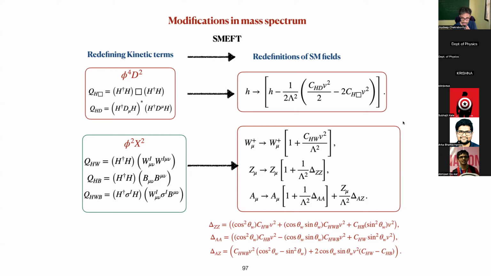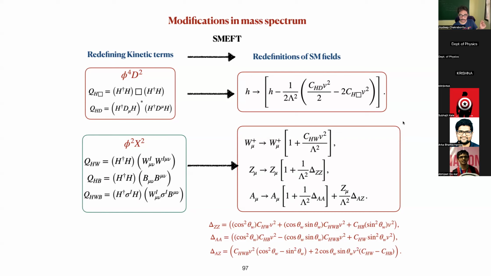Unlike the W plus minus, where you do not have any mixing because that's the only solitary case, here you have a matrix. Previously, the way you go from the B mu, W mu 3 basis, you have off-diagonal entries, you rotate them, you get the Weinberg angle and go to A mu, Z mu.